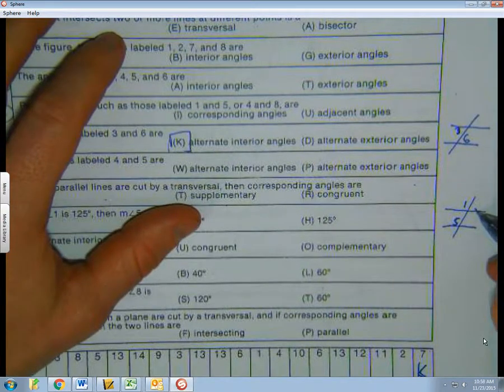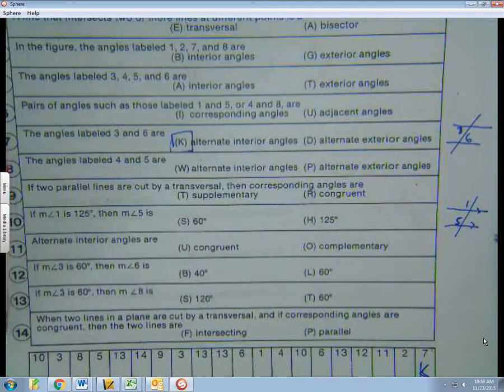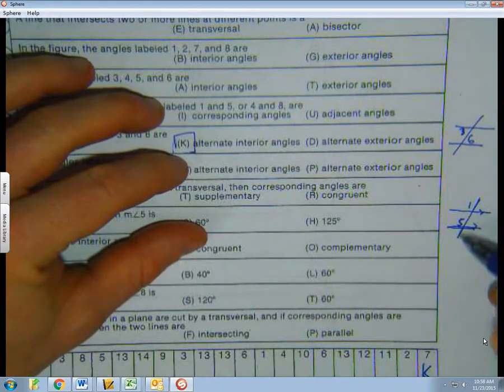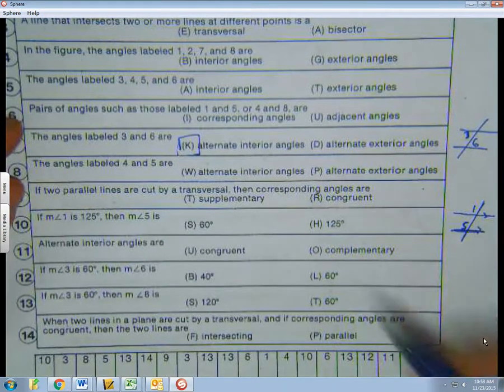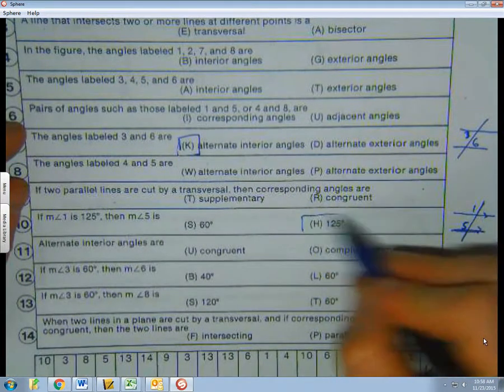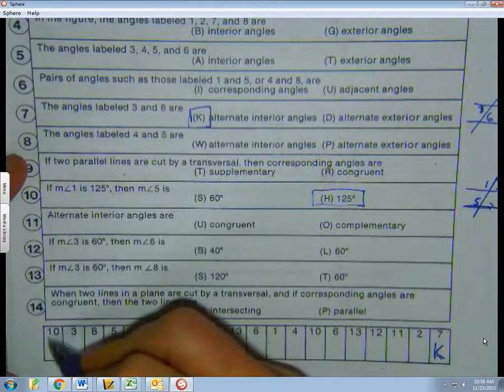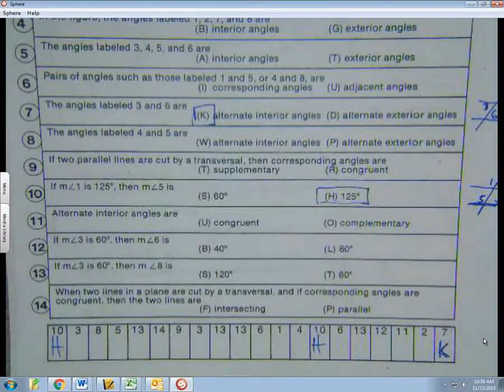So when they're parallel, then corresponding angles are congruent. Same with alternate interior, alternate exterior. You can kind of look at it and see it, especially when you draw it tilted like this. So 1 and 5 are going to be H. So H is 10.